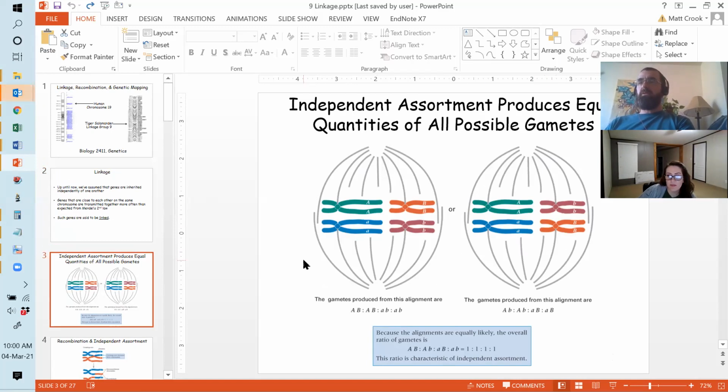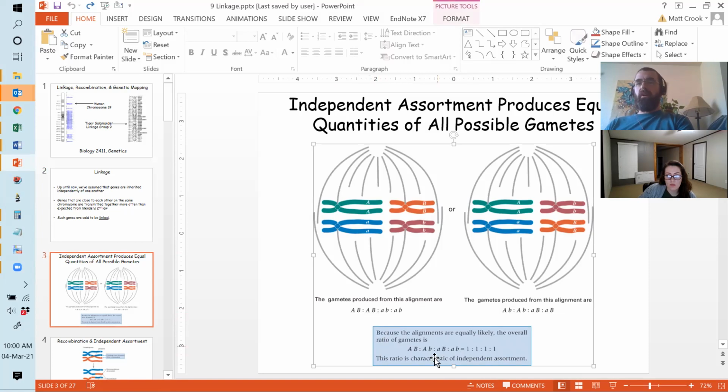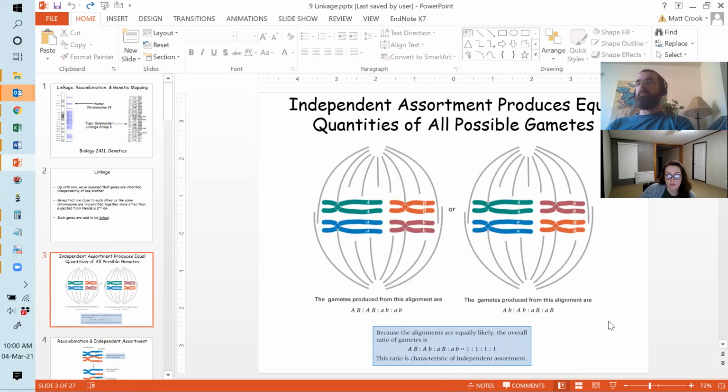These are heterozygotes for both genes. And essentially due to random alignment on the metaphase 1 plate, which way around those homologous chromosomes happen to align, you essentially get equal numbers of dominant-dominant, dominant-recessive, recessive-dominant, recessive-recessive alleles, right? That will give you a 1-to-1-to-1-to-1 ratio.